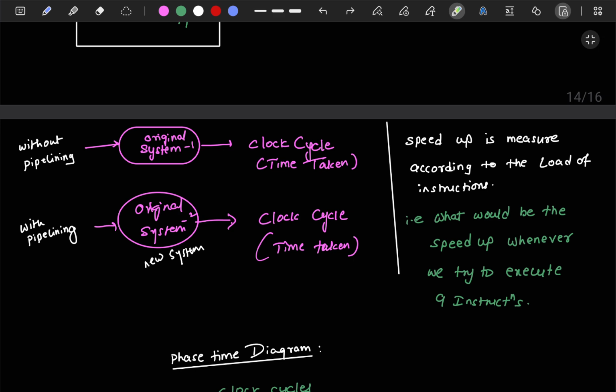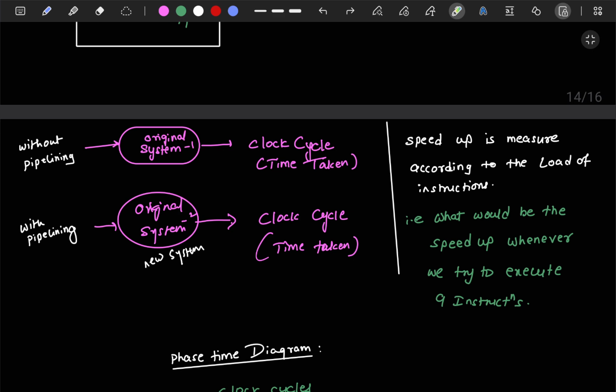And one more thing you have to understand, speed up is a measure according to the load of instructions. That means, what would be the speed up whenever we try to execute 9 instructions. So whenever we want to calculate speed up, we say that for 9 instructions what would be the speed up, for 10 instructions what would be the speed up, for 20 instructions, or for 100 instructions.